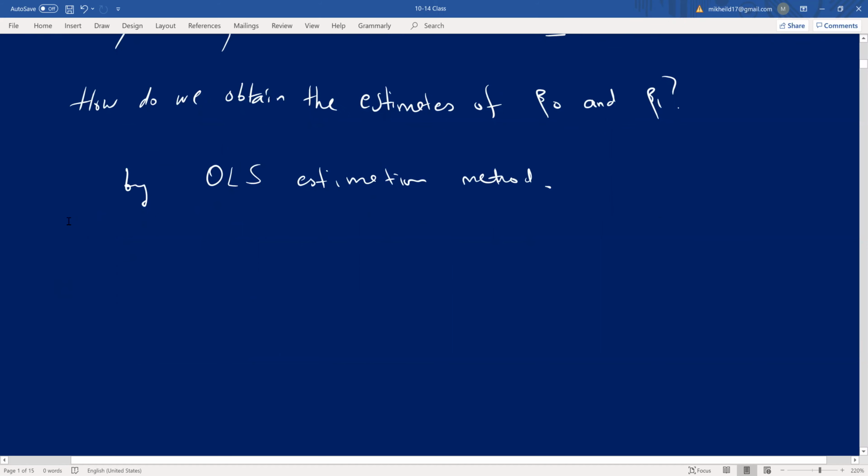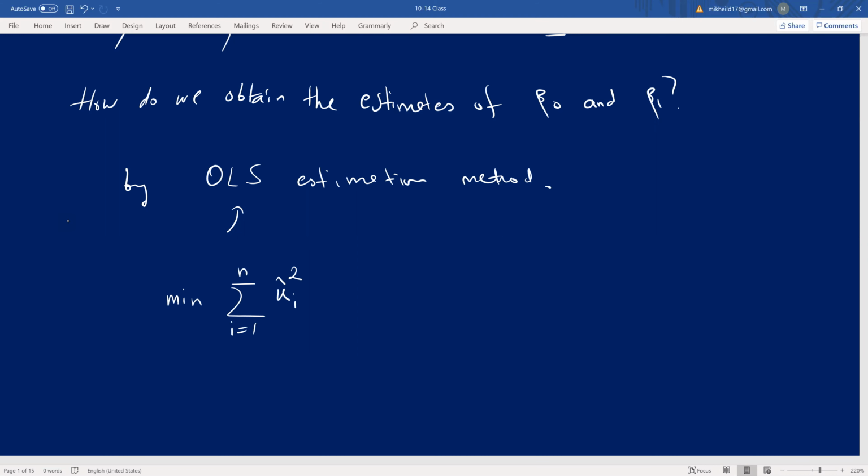Can you tell me what it is that OLS does? It minimizes the sum of squared residuals, which is with u hat, or disturbance hat squared. Not disturbance, I mean residual hat squared.